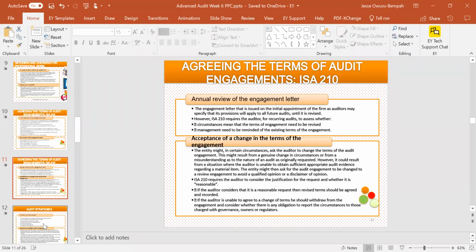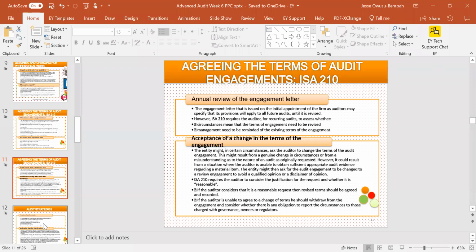Now let's talk about accepting a change in the terms of the engagement. The entity might, in certain circumstances, ask the auditor to change the terms of the audit engagement. This might result from a genuine change in circumstances, like I was saying. It can be a change in scope, a change in responsibilities, or from a misunderstanding as to the nature of the audit as originally requested.